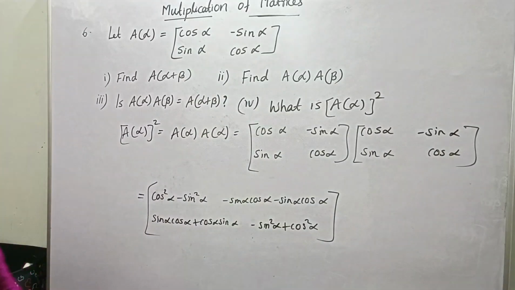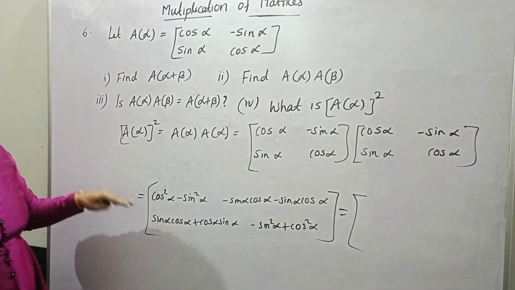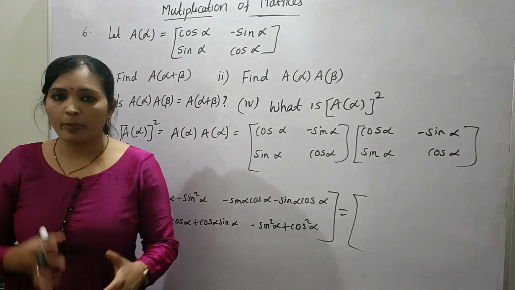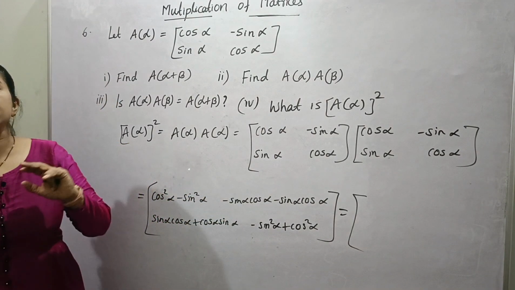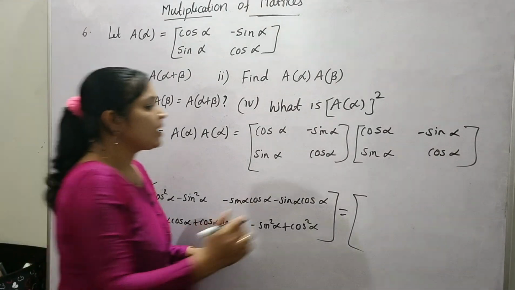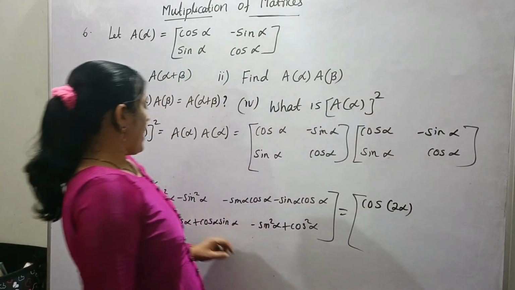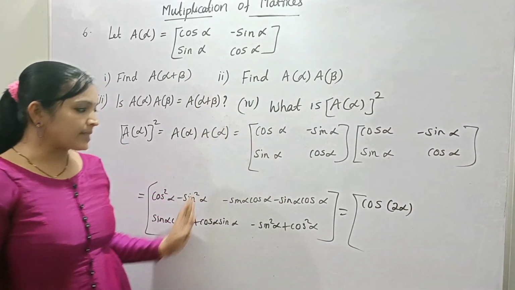Okay. So here, what is this one? See, cos square alpha minus sin square alpha, by trigonometric identities, is nothing but cos 2 alpha. Okay, cos 2 alpha. And here take minus outside.